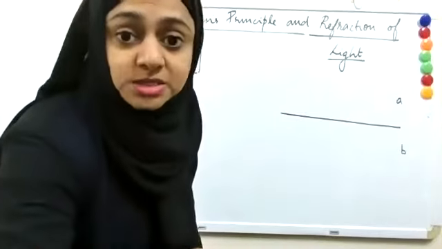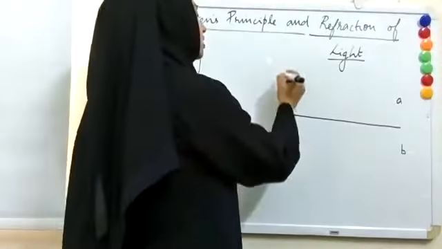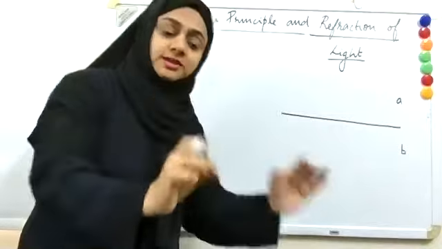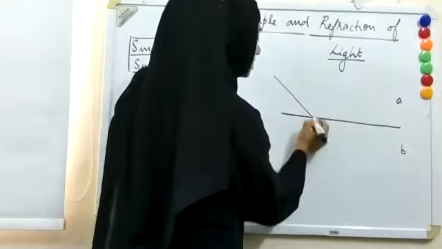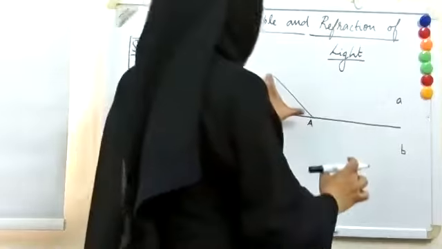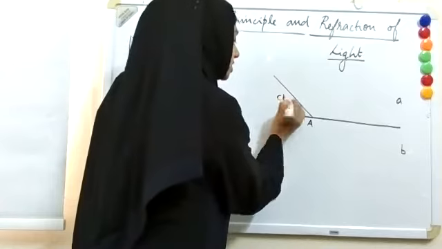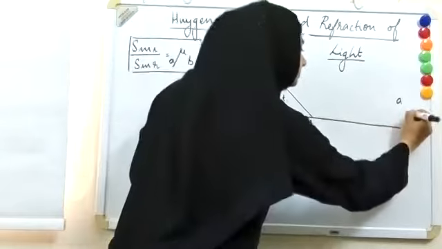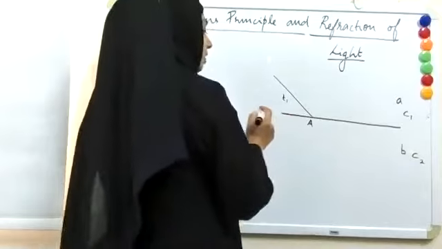Okay, so let me first construct the diagram which is similar. Like before, I assume two parallel rays of light coming and meeting the surface. Let one ray of light come from here and reach the point, let me mark it as A, on the surface. At the same time, let this light ray come and reach here in a time t1, and let C1 be the velocity of light in this medium, and let C2 be the velocity of light in the other medium.